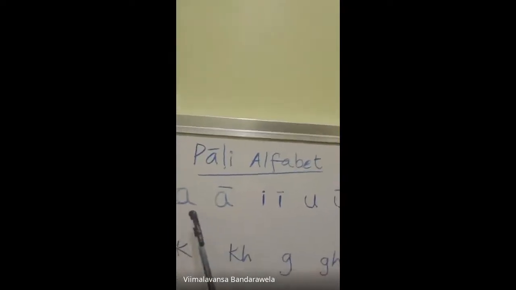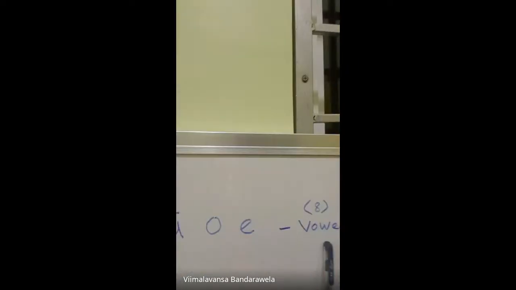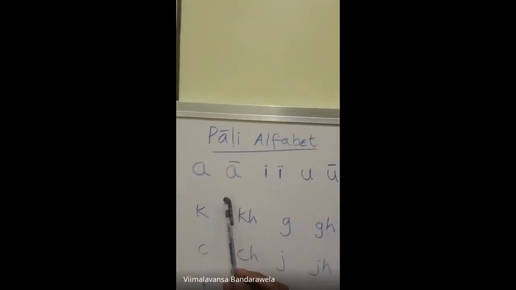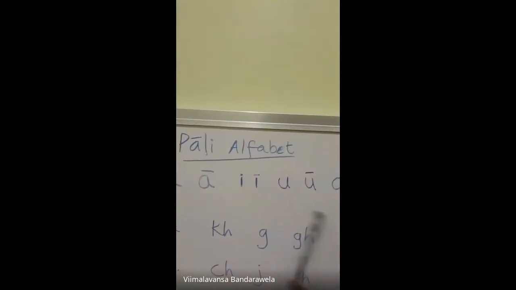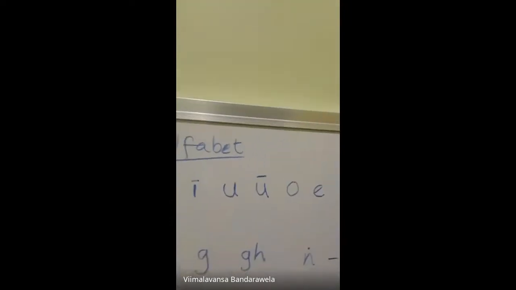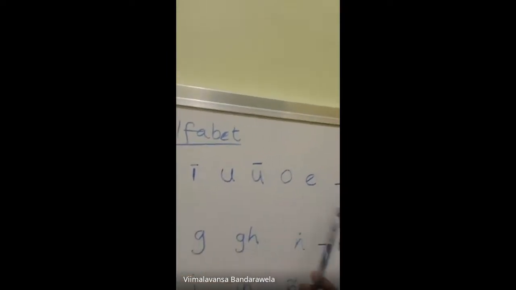So then you have 8 vowels for the Pali alphabet. This is according to Mahakaccayana, Venerable Mahakaccayana Arahanta's alphabet, right? So all of you want to write this down.